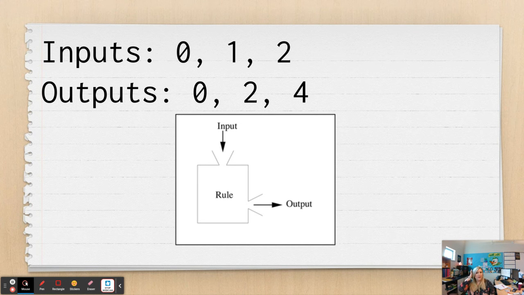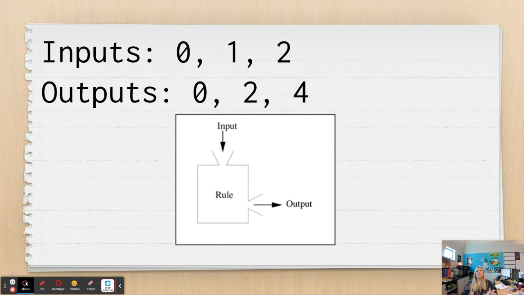Okay, so here's our inputs that we were using before, 0, 1, 2, and our outputs or our Y's 0, 2, 4. You have to think of them as like going into a function machine. So the inputs go into the little machine, that 0, 1, and 2 individually go in.